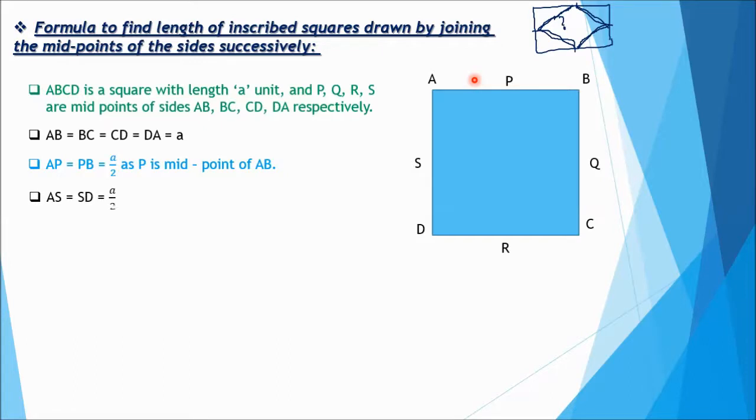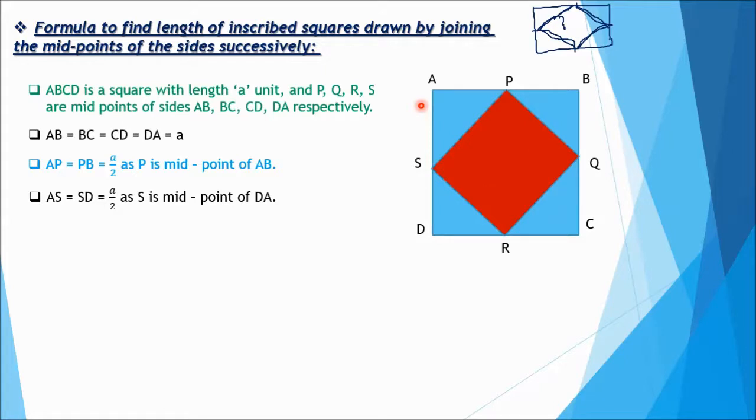And AS is equal to SD. S is also the midpoint of AD, so the value of AS will be a by 2, half of a, isn't it? AS is half of AD, as S is the midpoint of DA.